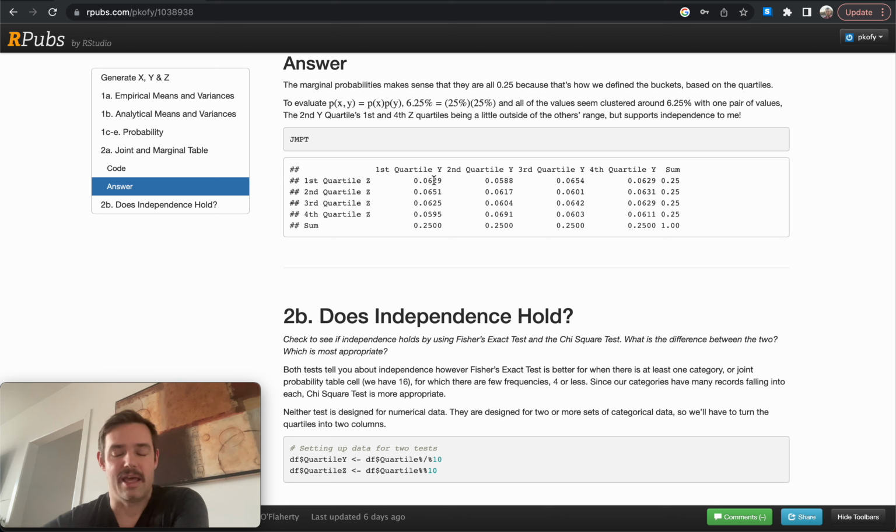So if we're looking for independence, we would expect all of these counts to be close to 625, and that's what we're seeing. If we were seeing some sort of pattern, then we would actually be demonstrating dependence.